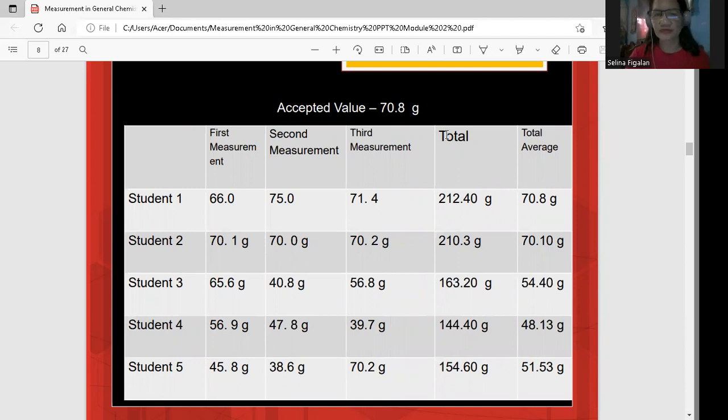So since this is 70.8, which is the same with the accepted values, which means that student 1 ay meron siyang accurate measurement. Okay, your student 2, 70.10. So the difference between 70.8, 80 and 70.10 is 70, masyadong malayo. So this is not slightly accurate, but not accurate. Okay, and then the third, fourth, and fifth, masyadong malayo, which is not accurate.